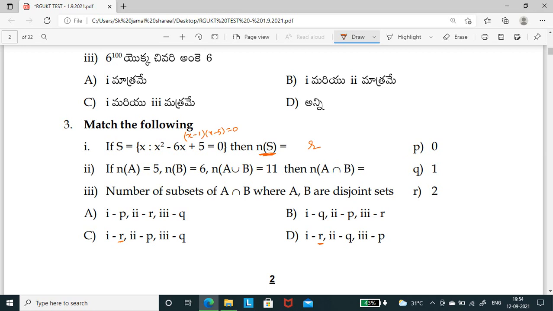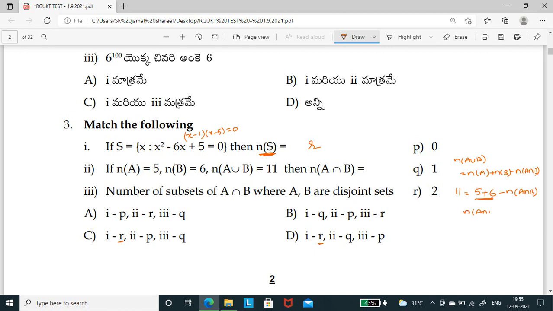We need to see the next option. If n of A is equal to 5 and n of B is equal to 6 and n of A union B is equal to 11, then n of A intersection B is equal to? n of A union B is equal to n of A plus n of B minus n of A intersection B. When you substitute the values, 11 is equal to 5 plus 6 minus n of A intersection B. Clearly, 6 plus 5 is 11, so on both sides I can cancel 11.